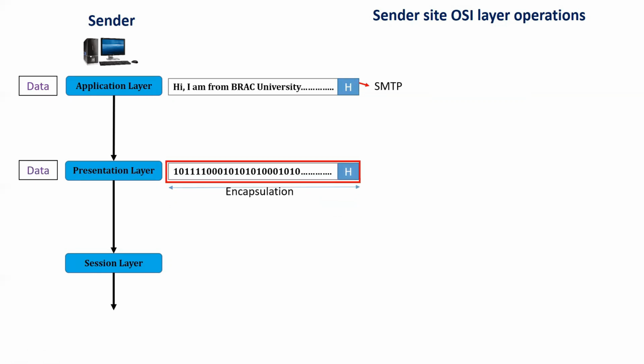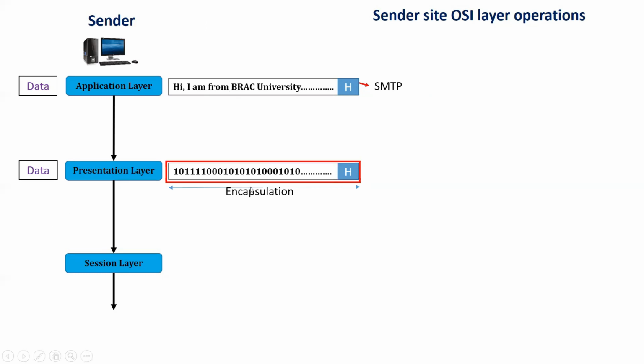The first task of the presentation layer is translation. So what is translation actually? In the application layer, our email includes text, numbers, emails. Those are human readable forms. So the presentation layer transfers the above information into corresponding binary codes so that our machine can read the information and work.